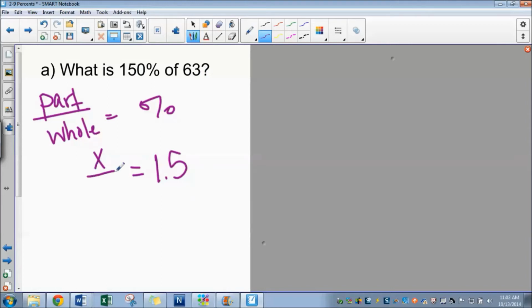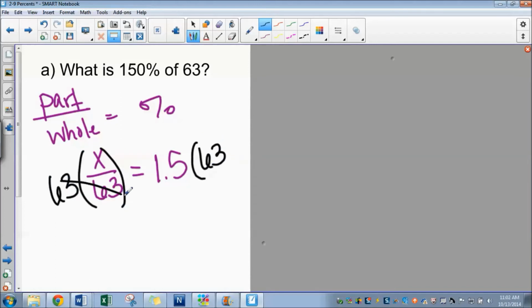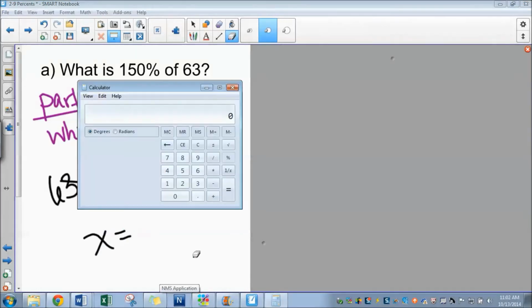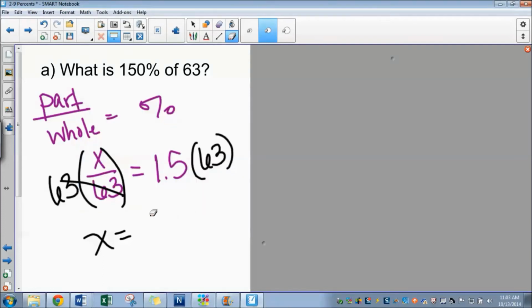So I'm going to put x over 63. Now it's an equation that I can go about solving. I'm going to undo dividing by 63 by multiplying both sides by 63. So that cancels, and x, so 1.5 times 63 is 94.5.